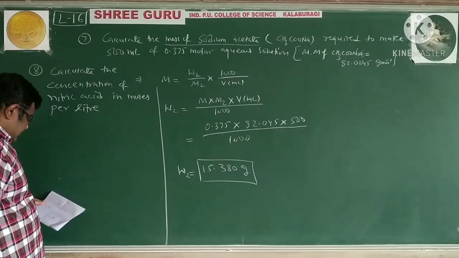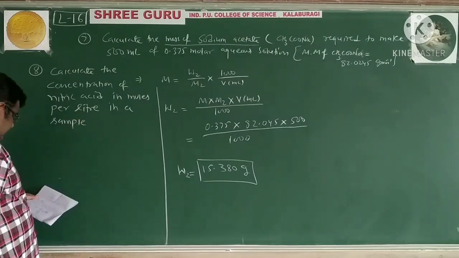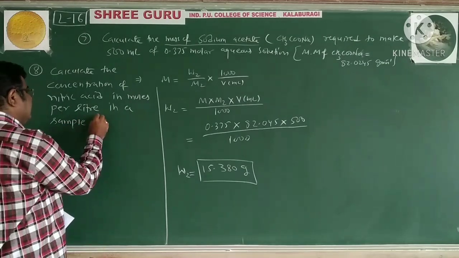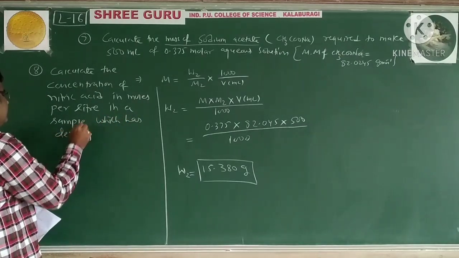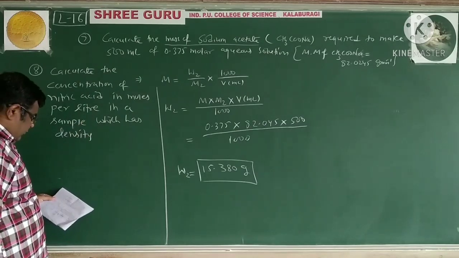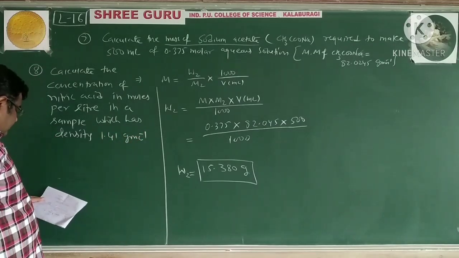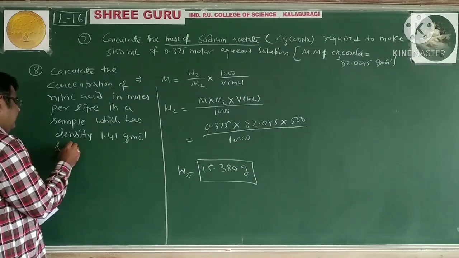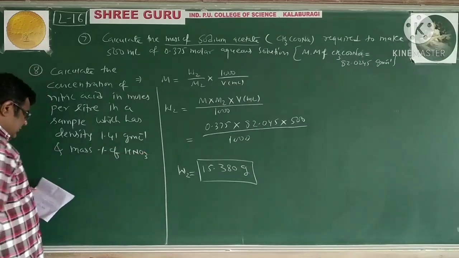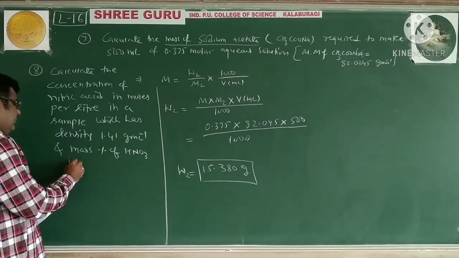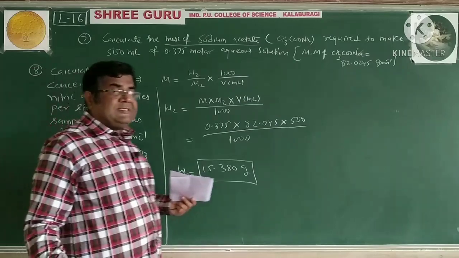In a sample which has density 1.41 gram per milliliter, and mass percent of nitric acid is 69%. This is the question before us.